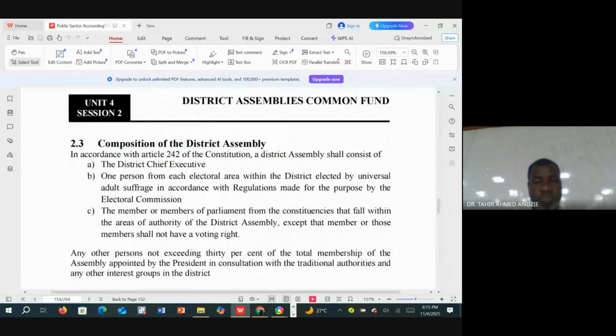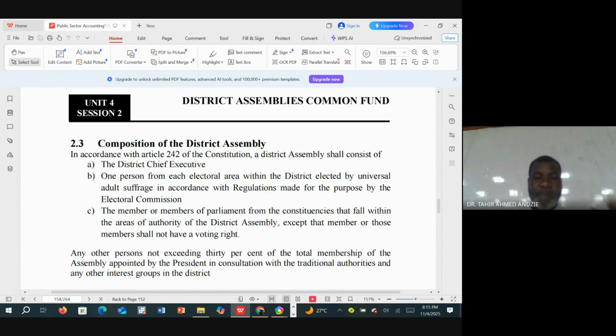Now let's look at the composition of this assembly. In accordance with Article 242 of the 1992 Constitution, this assembly shall consist of, one, the district chief executive, and he is an appointee of the government. This is where people are advocating that it's supposed to be elected, right?